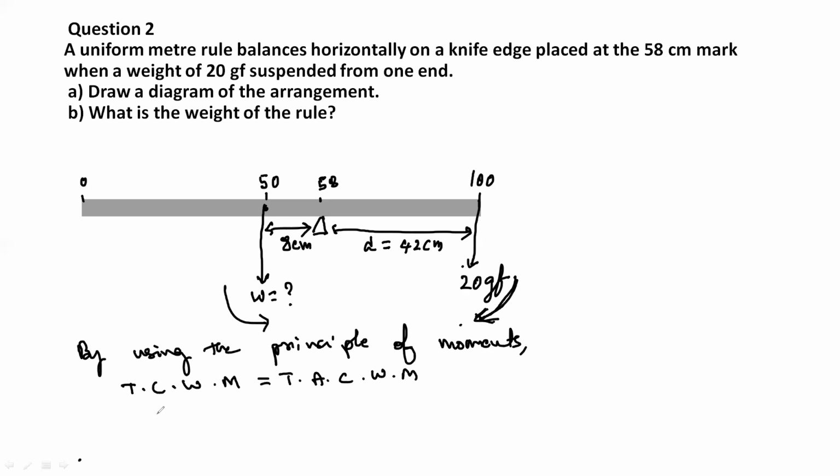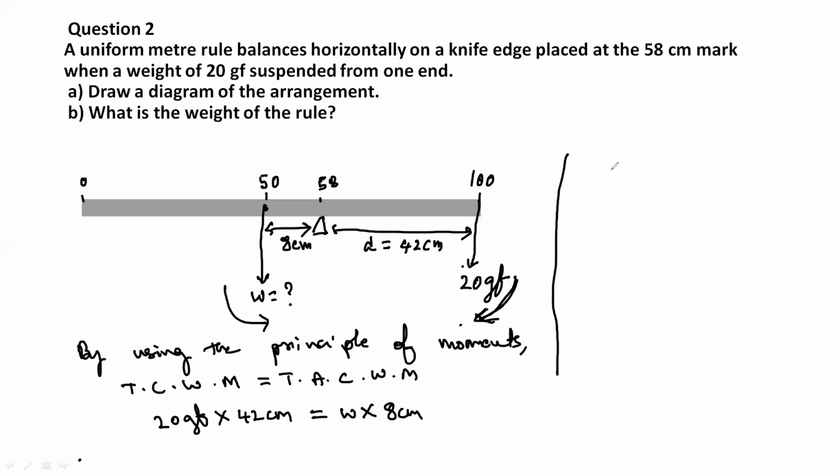The formula of moment is force into perpendicular distance. So force is 20 gf and the perpendicular distance is 42 centimeter, equal to anti-clockwise moment. Force is W, which is not known, we need to find it, and the distance is 8 centimeter.